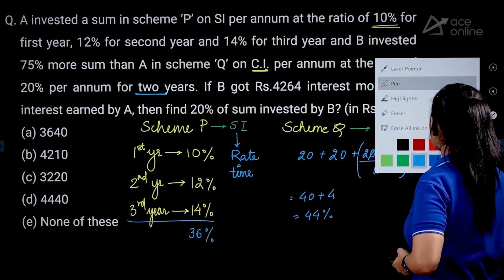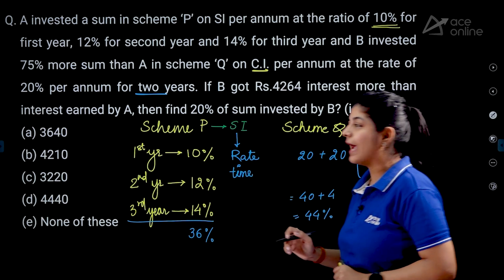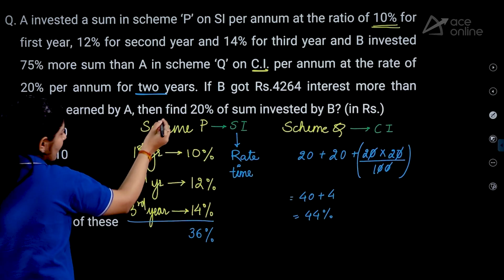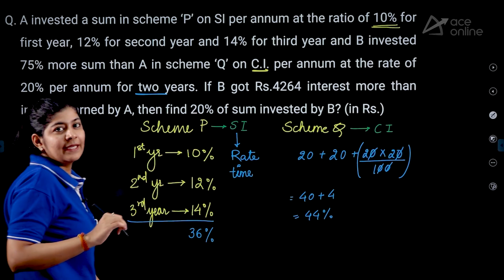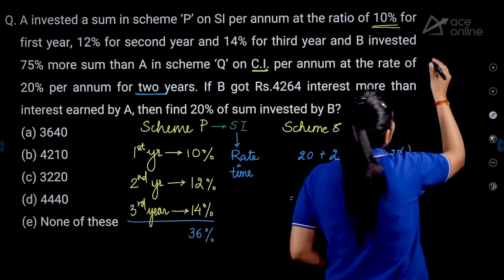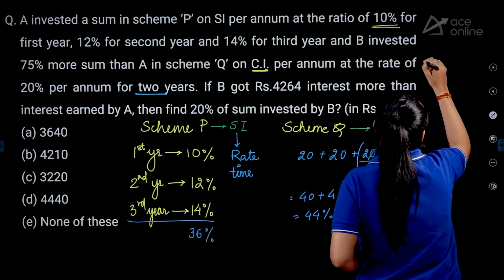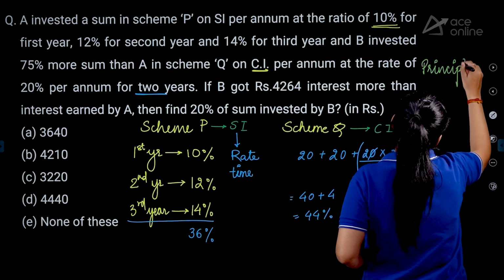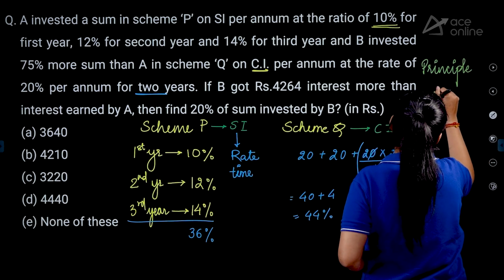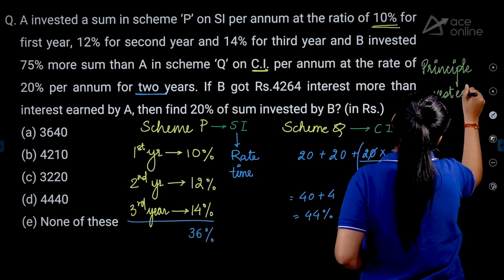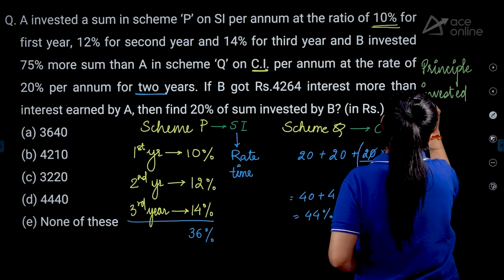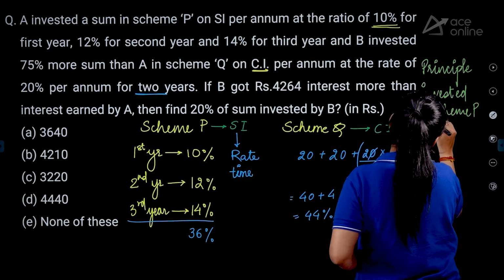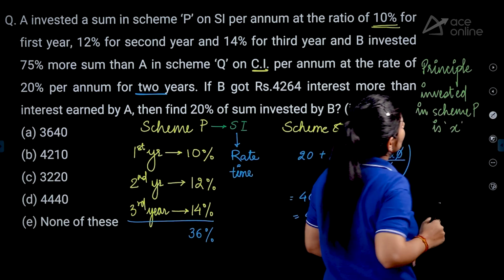So for this particular question, we just simply assume that the principal invested in scheme P is X. We just simply assumed it, right?